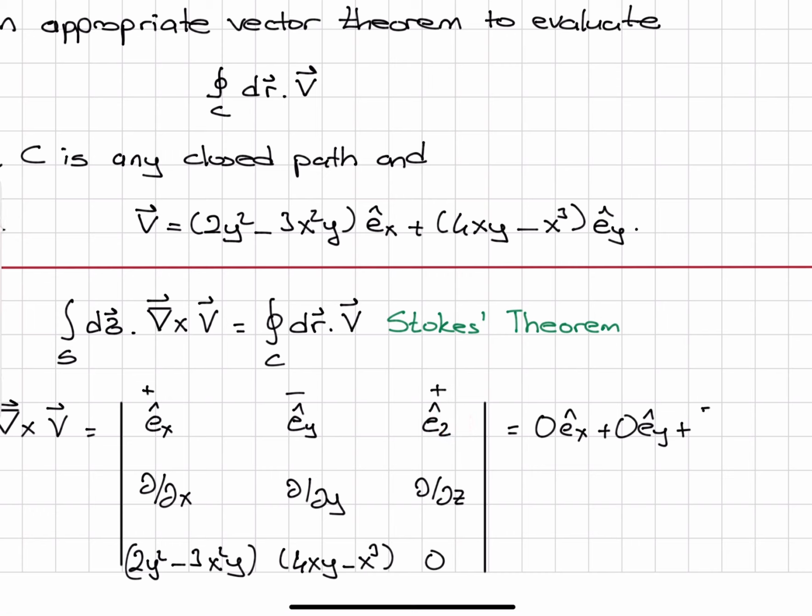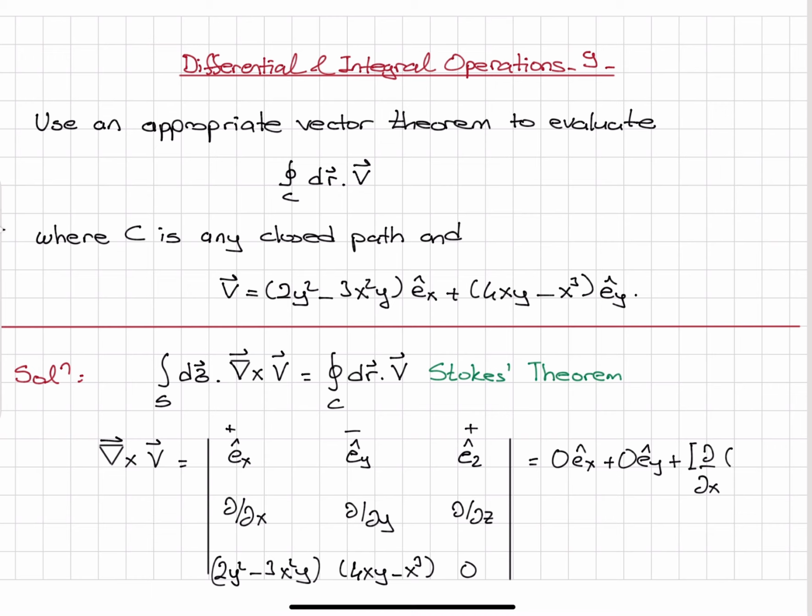So first we have del x of 4xy minus x³, and then we're taking minus the y derivative, minus del y, the x component 2y² − 3x²y in ez hat direction.